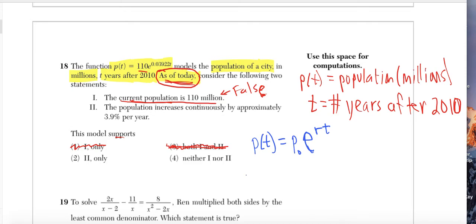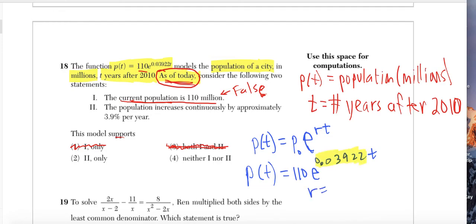Our P0, or initial value, is just 110, which was in millions. So we get P of t equals 110, which was 110 million in 2010, times e to the 0.03922t.